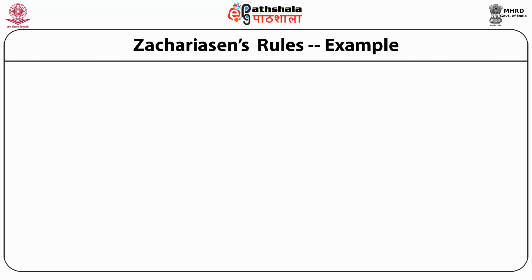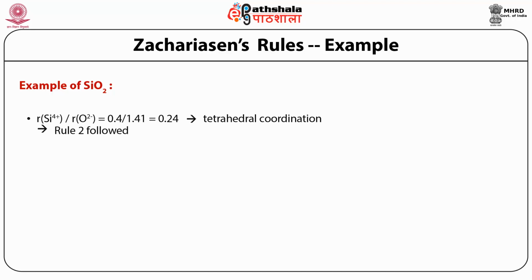Now, let us take some examples for Zachariasen's rule. The first example is SiO2, that is silicon dioxide, or we call it silica. For this case, the radius ratio is given as the radius of Si4+ divided by the radius of O2-, which is equal to 0.4 divided by 1.4, which comes out to be 0.24.